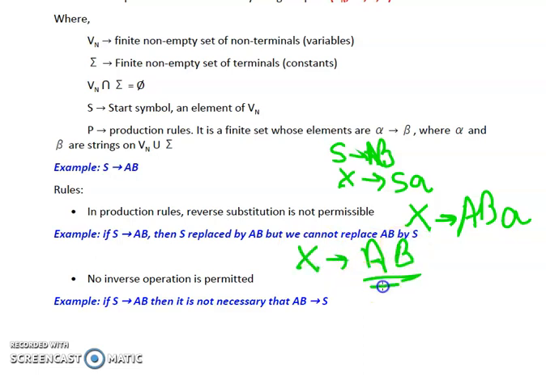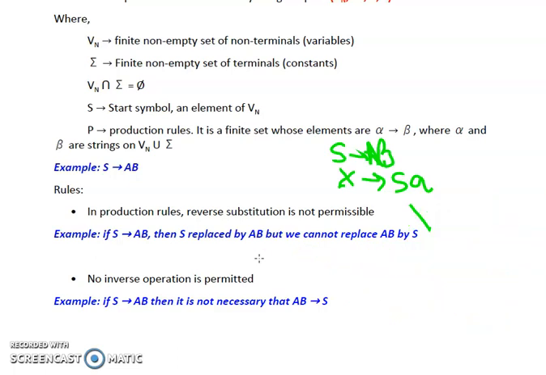We cannot replace this by X tends to Sa. If we are doing this, that means it is wrong. According to reverse substitution, the reverse substitution is not possible for the production rules. If we are having S tends to AB, we can replace S by AB, but we cannot replace AB by S.